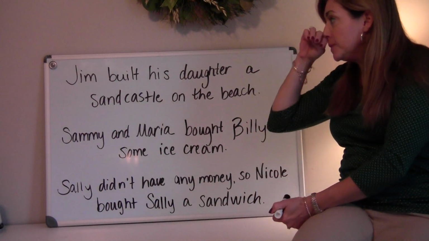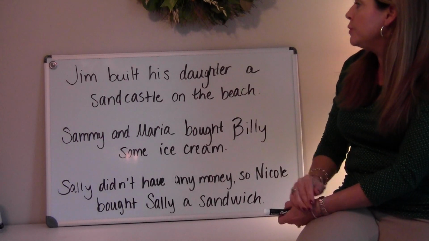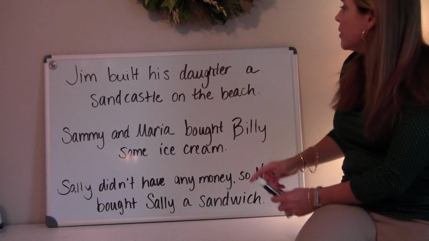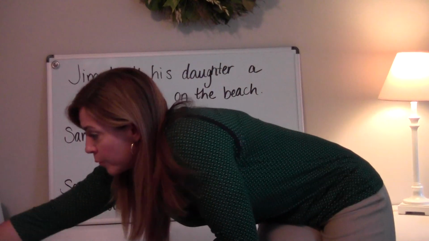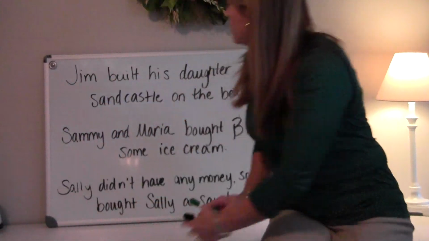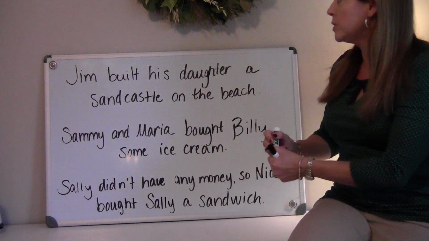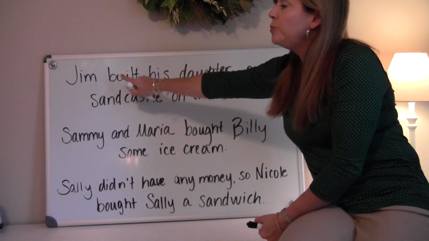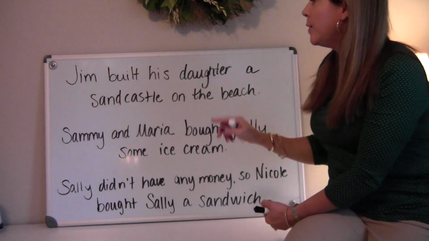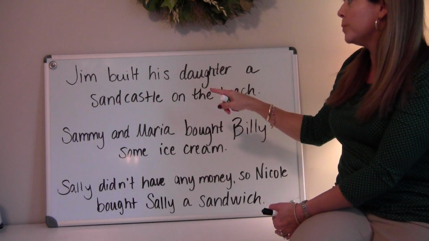My first sentence is, Jim built his daughter a sandcastle on the beach. First I found my verb, which is built. Who built? Jim. So now I know my subject and my verb.